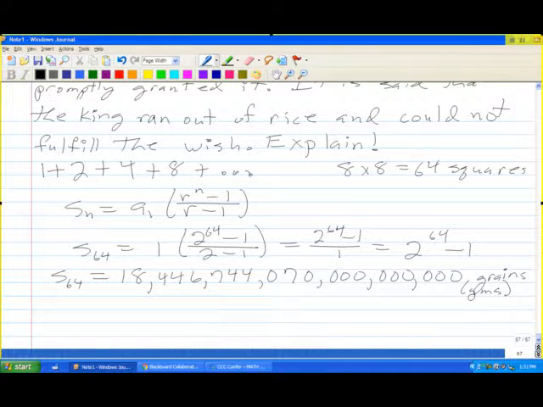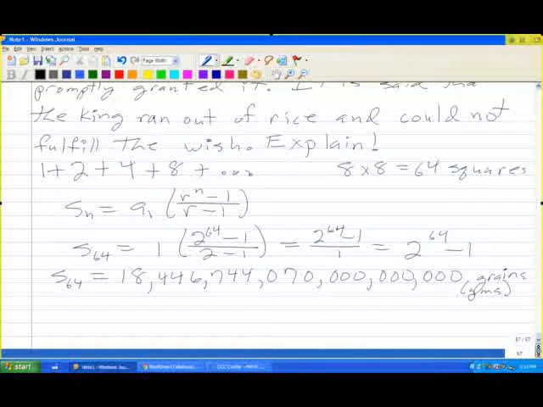I'm sorry, if I look at 100 grains, that's 1 gram.